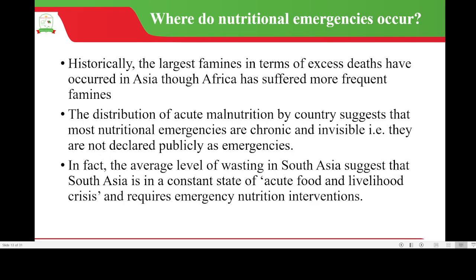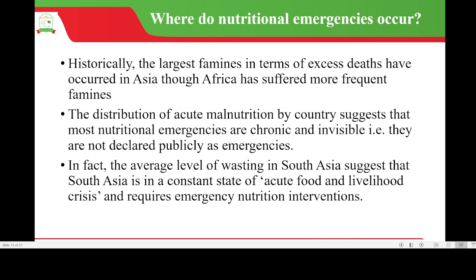Where do nutritional emergencies occur? Historically, the largest famines in terms of excess deaths have occurred in Asia, although Africa has also suffered more frequent famines. And this is all attributed to recurrent wars and civil strifes.